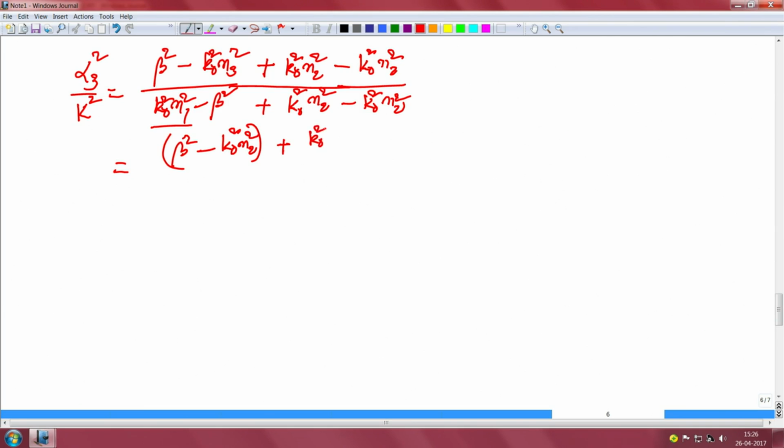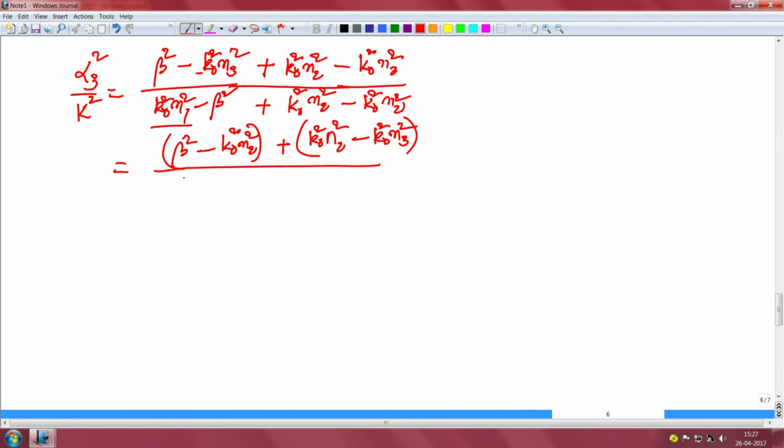k0 square, beta square minus n2 square minus n3 square. Beta square minus k0 square has come here, and this k0 square n2 square minus k0 square n3 square.